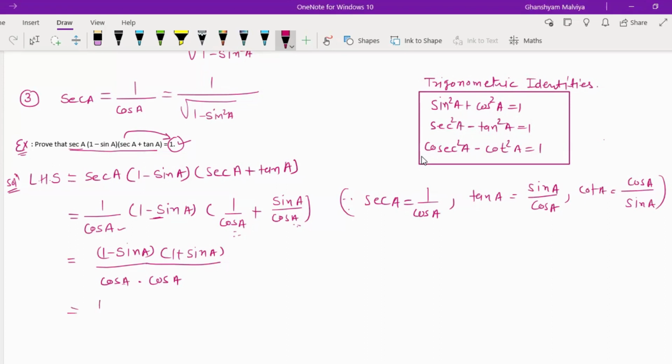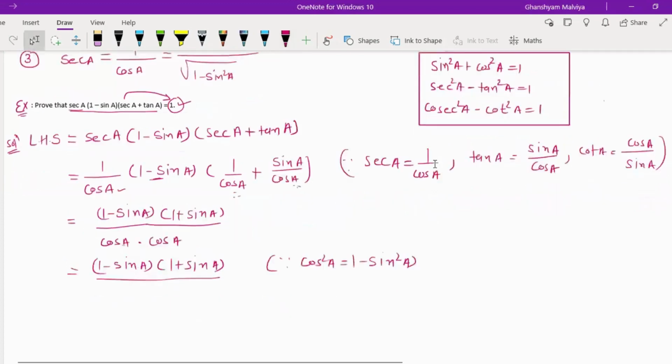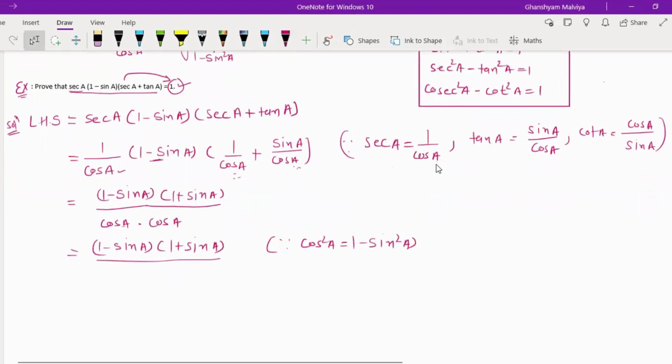So the numerator we keep as it is, but you know cos square A equals 1 minus sin square A. Instead of cos square A, write here 1 minus sin square A. Okay, fine.